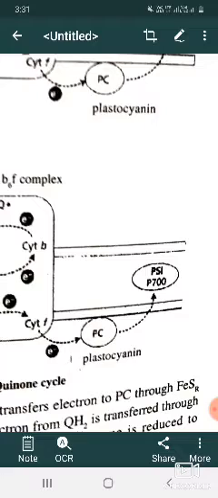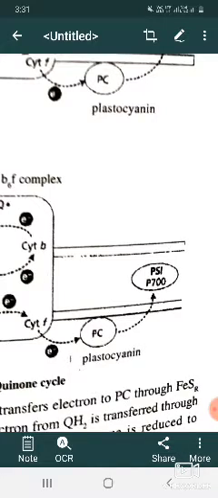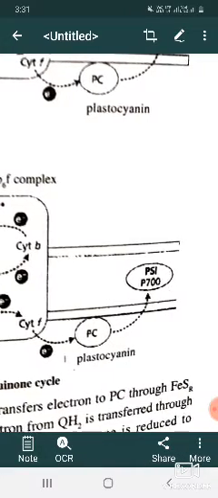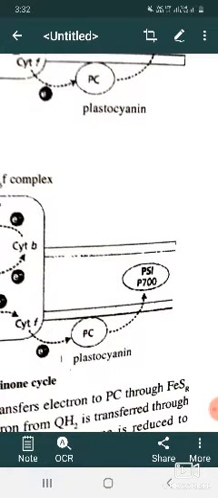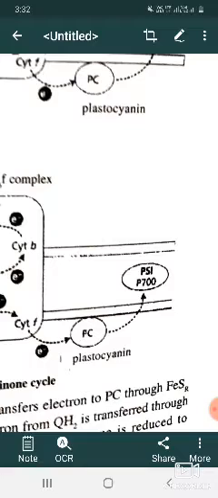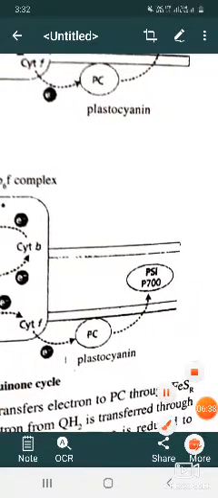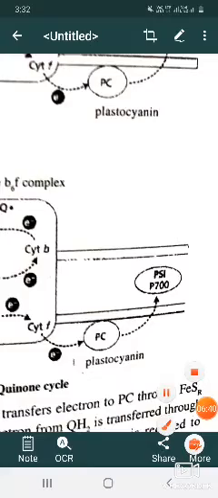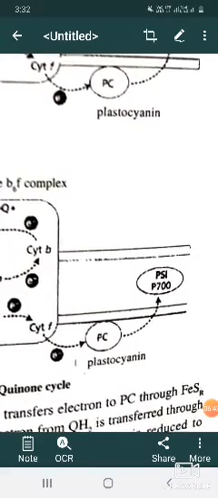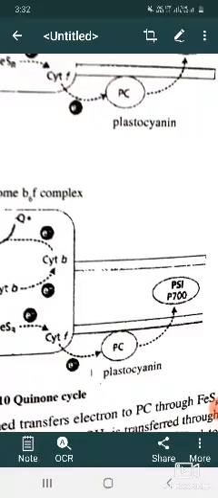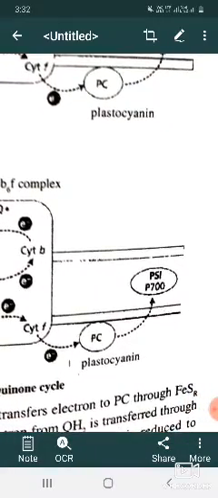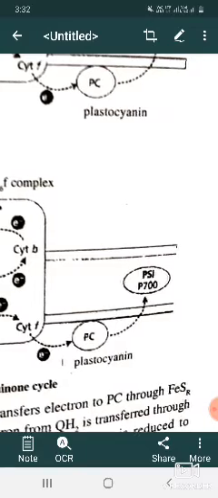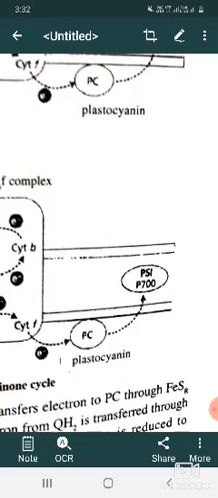Electrons one by one reach cytochrome f of the cytochrome b6f complex in a similar manner as the reduced PQ. From cytochrome f, electrons are transferred to PC and ultimately to P700, compensating the electron deficit in it.